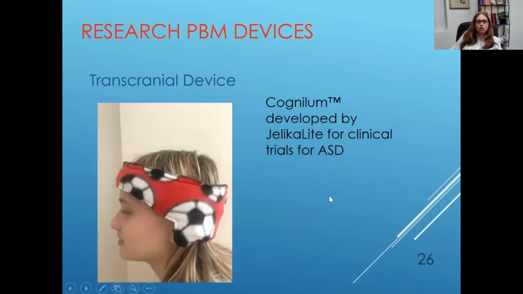And another version of this is the Cognilume, a device that is specifically being developed by a group out of the US, out of New York. This device will be in clinical trial, and it will be used on children between the ages of 2 and 10 with autism spectrum disorder.